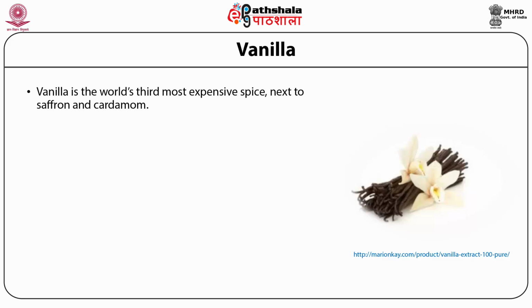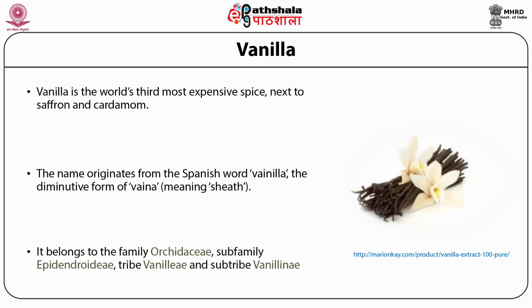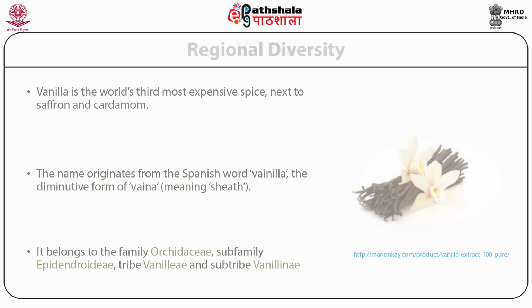Vanilla is the only genus among orchids whose members produce a spice. The name originates from the Spanish word vainilla, a diminutive form of vaina, meaning sheath, which is in turn derived from Latin vagina. It belongs to the family Orchidaceae, subfamily Epidendroideae, tribe Vanilleae, and subtribe Vanillinae.